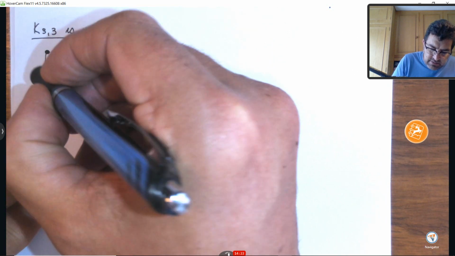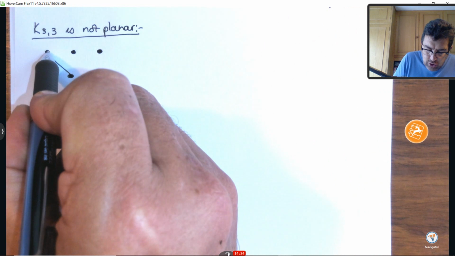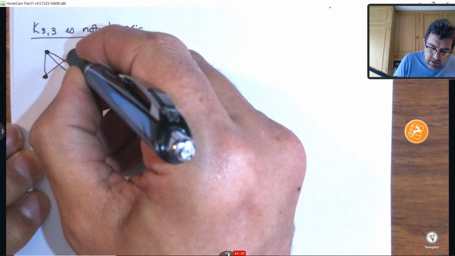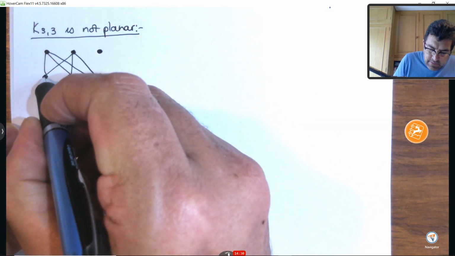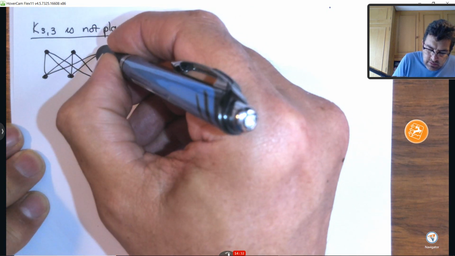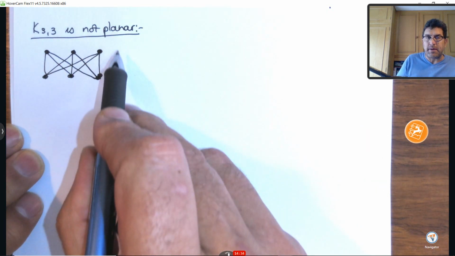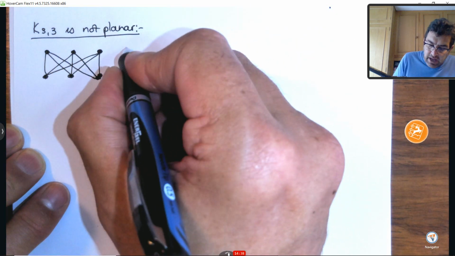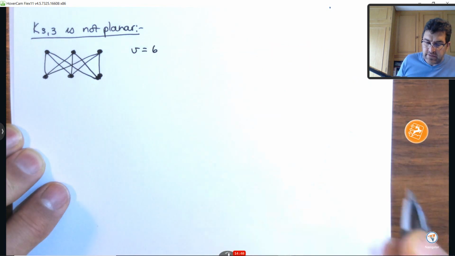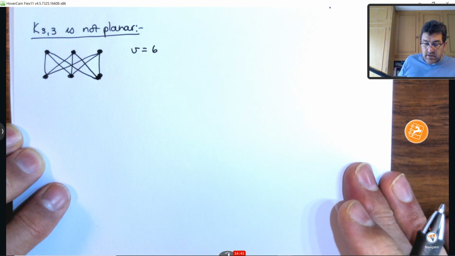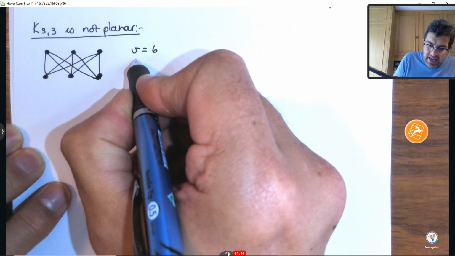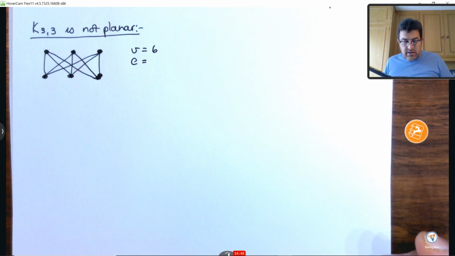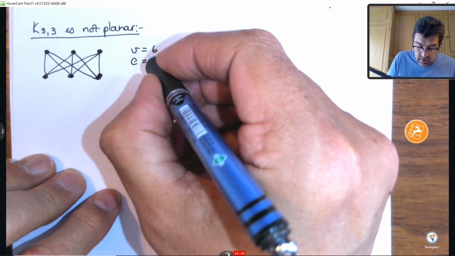Remind ourselves, every vertex joins with every vertex in the other set. There's your bipartite graph. How many vertices does it have? It has 6 vertices. How many edges does it have? There's 9 edges in total.